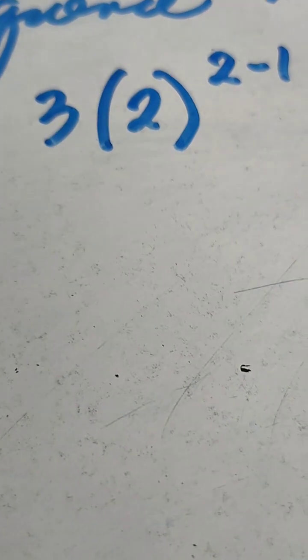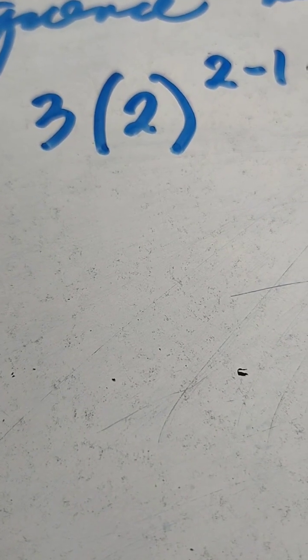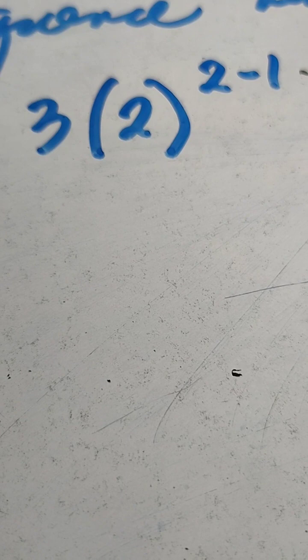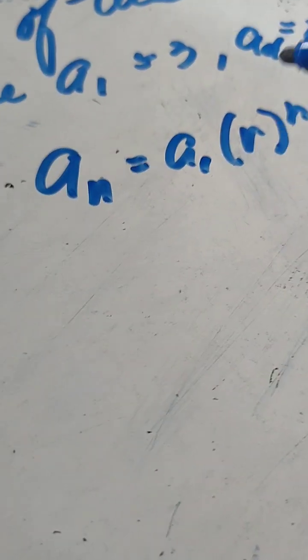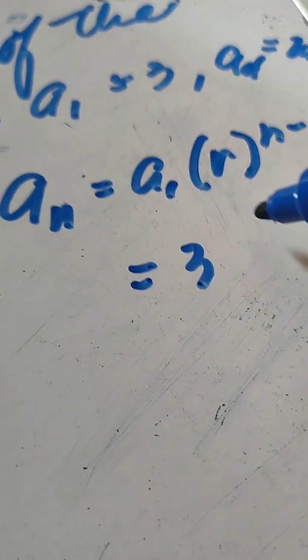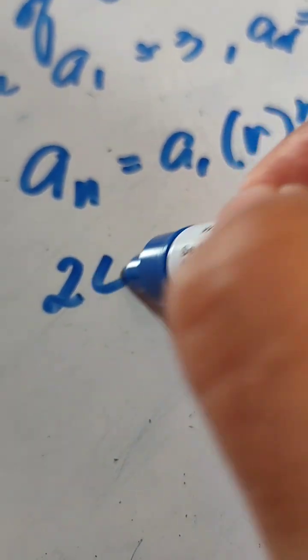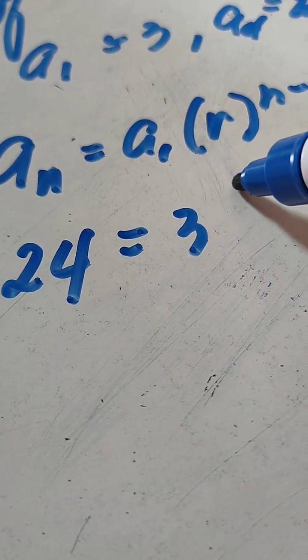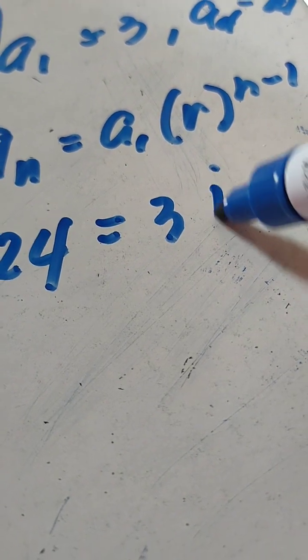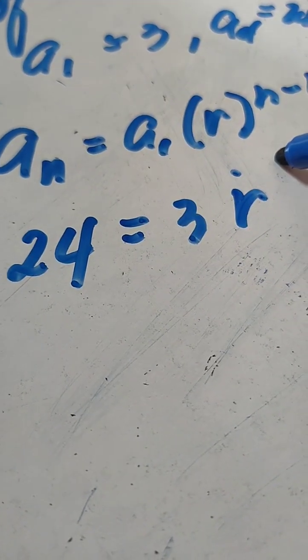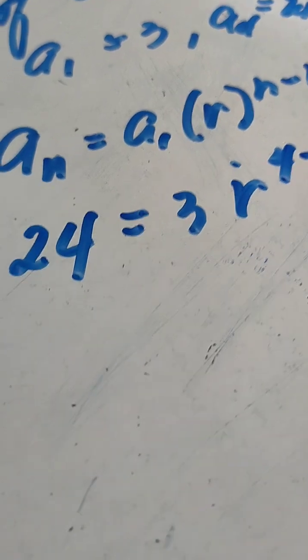That is from a sub n is equal to a sub 1 times r to the power of n minus 1. Okay, so let's try to solve first for our r. Actually, we have our a sub 1, which is 3, and our a sub n is 24, which is a sub 4. And solving for our r to the power of 4 minus 1.